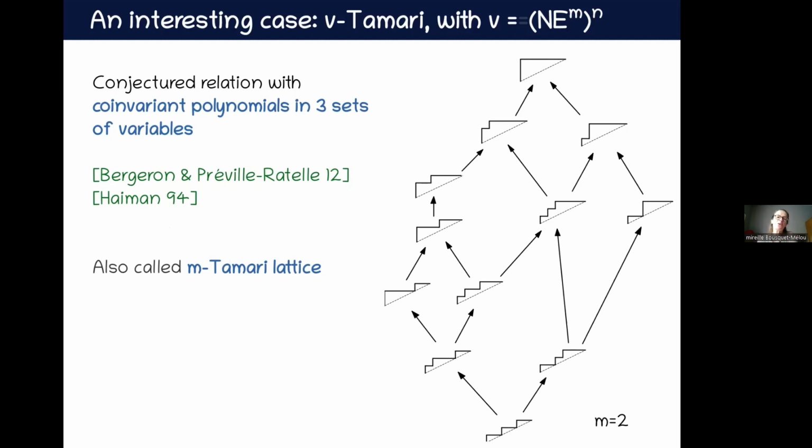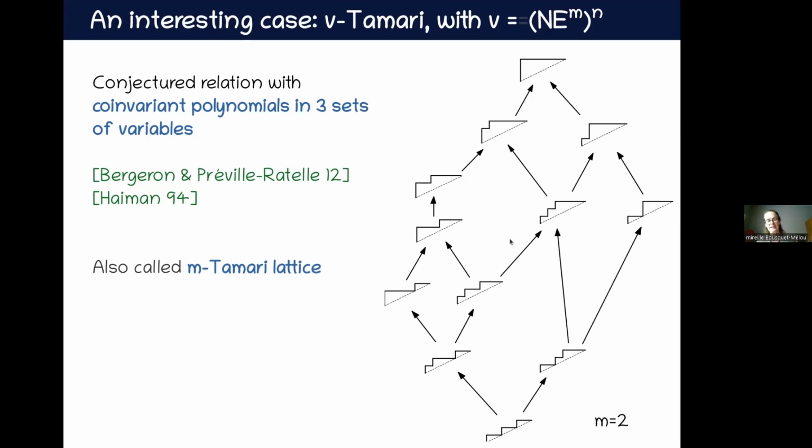And there are wonderful connections between the intervals in these lattices and certain co-invariant spaces of polynomials in 3 sets of n variables. So this is an attempt to generalize to 3 sets of variables the wonderful story that has been developed for 2 sets of variables, with all these diagonal harmonics and wonderful conjectures.